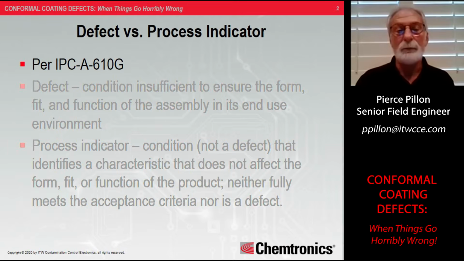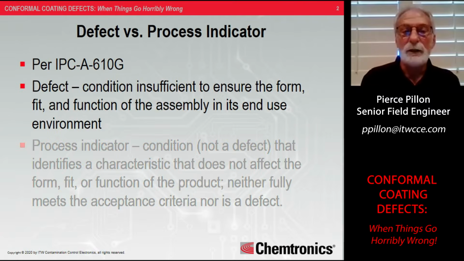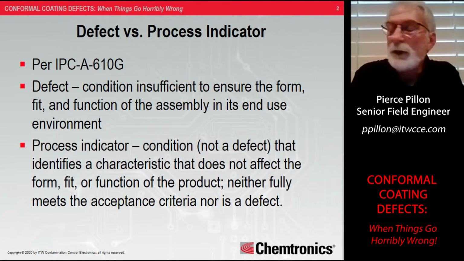And a defect is a condition. Let's be quite plain in what a condition is in this instance. It's a condition that does not allow, and I'm paraphrasing, the form, fit, and function of that assembly in its service environment. A process indicator, on the other hand, is a condition.